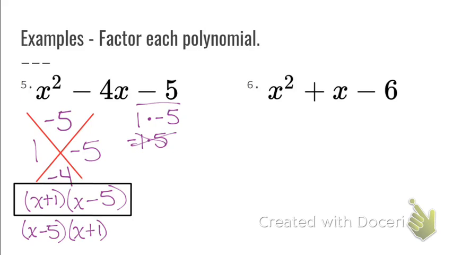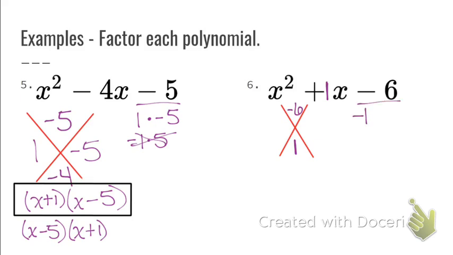Last example before you get to your assignment. Here's my x. I'm multiplying to negative 6. And I'm adding up to a positive 1. Again, remember, if it's just plus x, it's plus 1x. So if we look at our factors, we need to make sure our bigger factor is going to be positive.